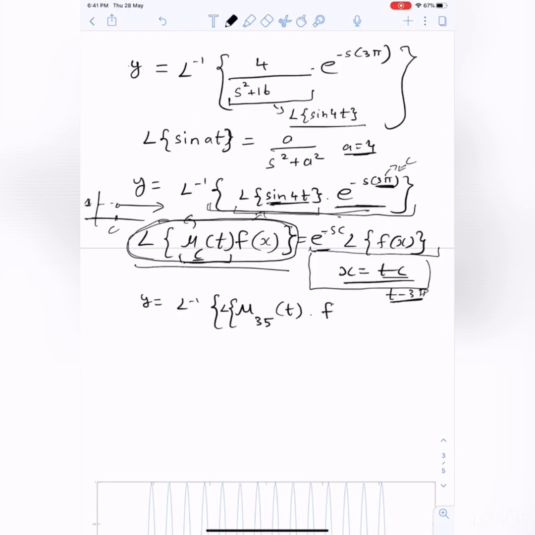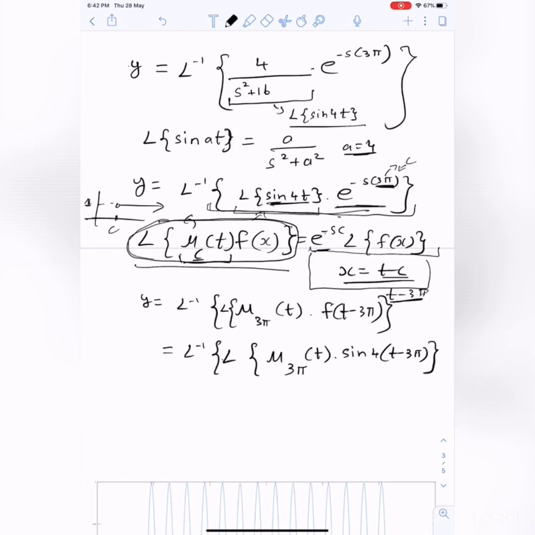So that would make our equation to be mu of 3 pi of t times sine of 4 times t minus 3 pi.